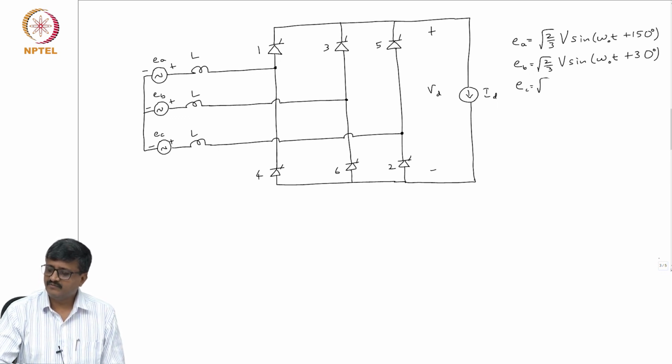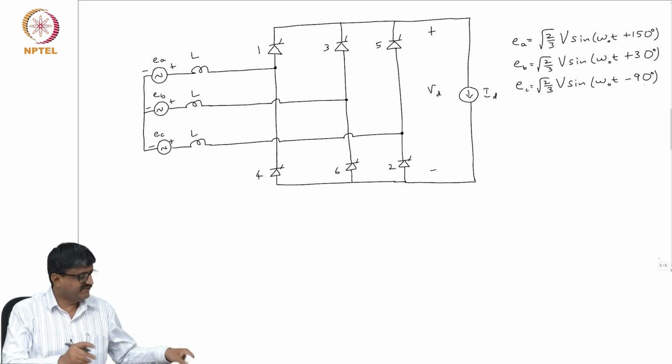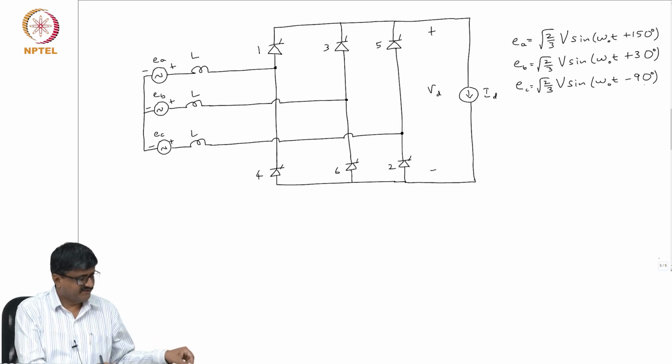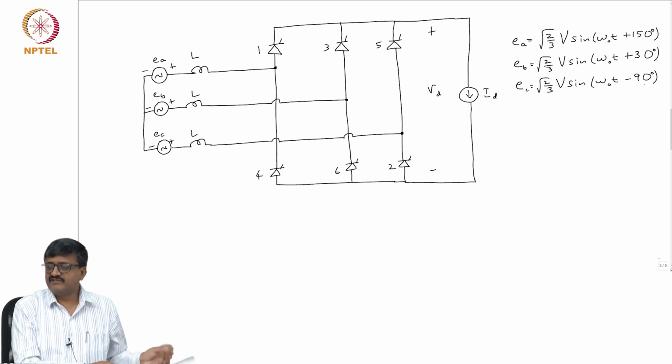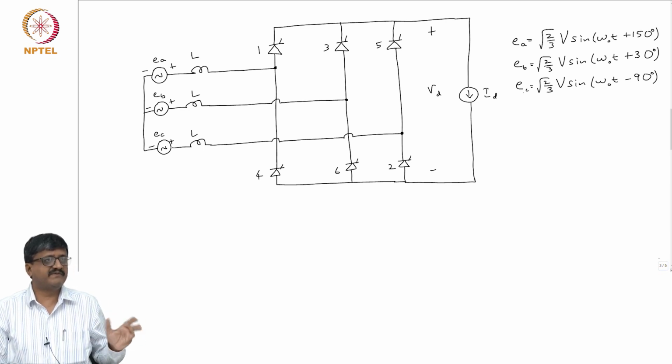EC is root 2 by 3 V sin omega OT minus 90 degrees. Okay. So, these are the expressions of the 3 voltages. Now, the negative of these 3 voltages and these 3 voltages themselves form 6 voltages which are equal in magnitude and displaced by 60 degrees.